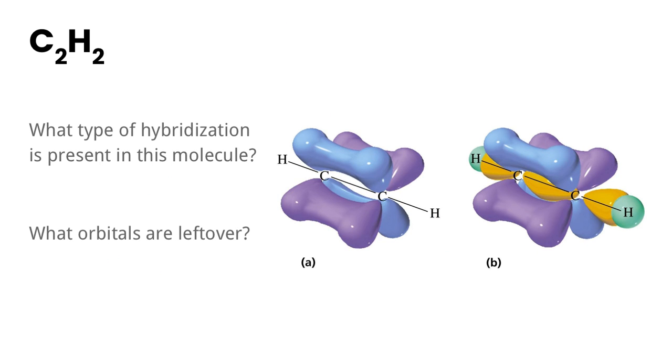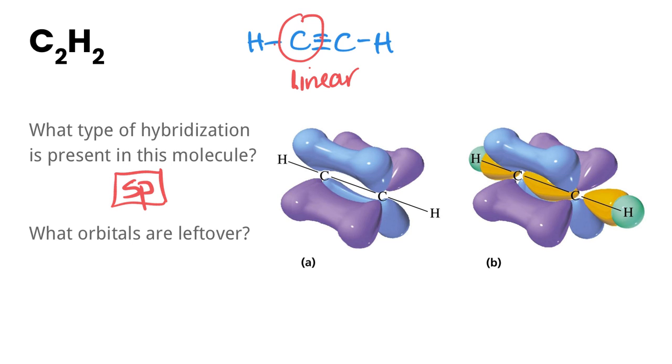Our last molecule is ethyne, C2H2. That's a carbon triple bonded to another carbon, and each carbon is attached to one hydrogen. If we look at just one of the carbons, it has two bonding pairs and no non-bonding pairs. So this is based off of a linear electron domain, and we have sp hybrid orbitals, and we would have two p orbitals left over for each carbon.